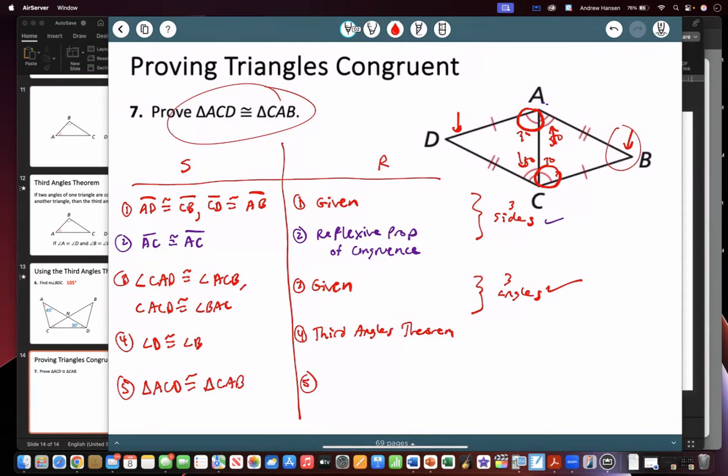And the reason for that is we proved that all corresponding sides and all corresponding angles, I'm abbreviating corresponding, are congruent. So that's the definition of congruent polygons. Okay, so that's what my proof will look like.